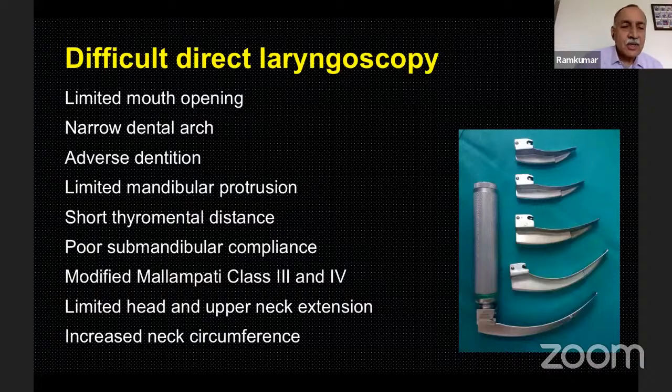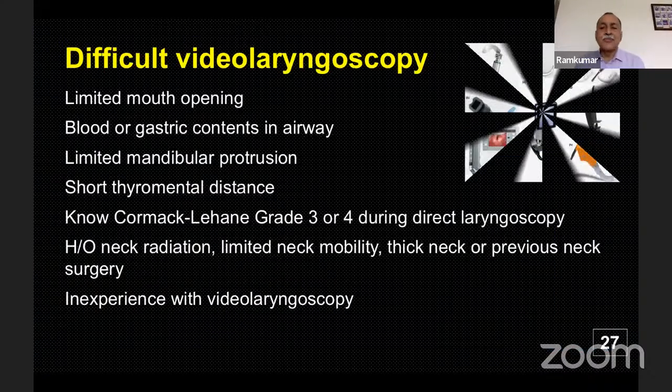So listed for you here on the slide are several factors like limited mouth opening, a narrow dental arch, adverse dentition, meaning either loss of teeth or very loose teeth, limited mandibular protrusion, the ability to protrude your mandible into a prognathic state, short thyromental distance, modified Mallampati class 3 and 4 makes its appearance again, limited head and upper neck extension, and increased neck circumference in obese individuals. All of these contribute to a difficult anatomical factor for a direct laryngoscopy.